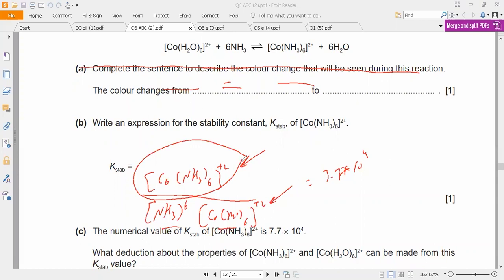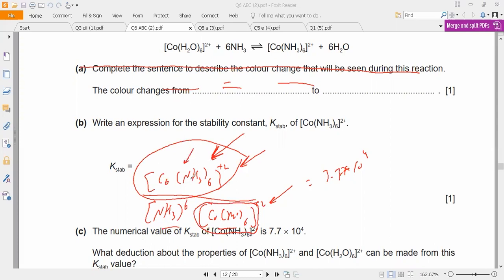So how do we say this? We say that this complex is more stable. That's why it's made in a huge concentration, more concentration than [Co(H2O)6]2+.